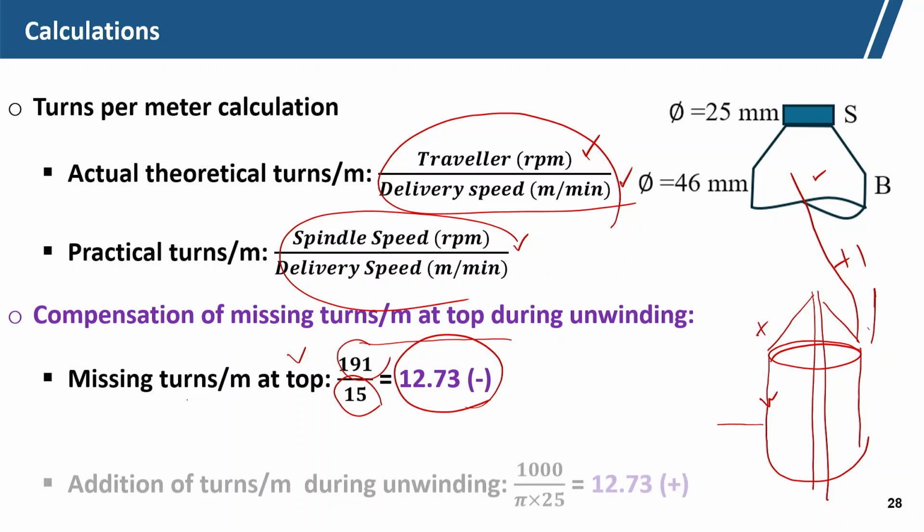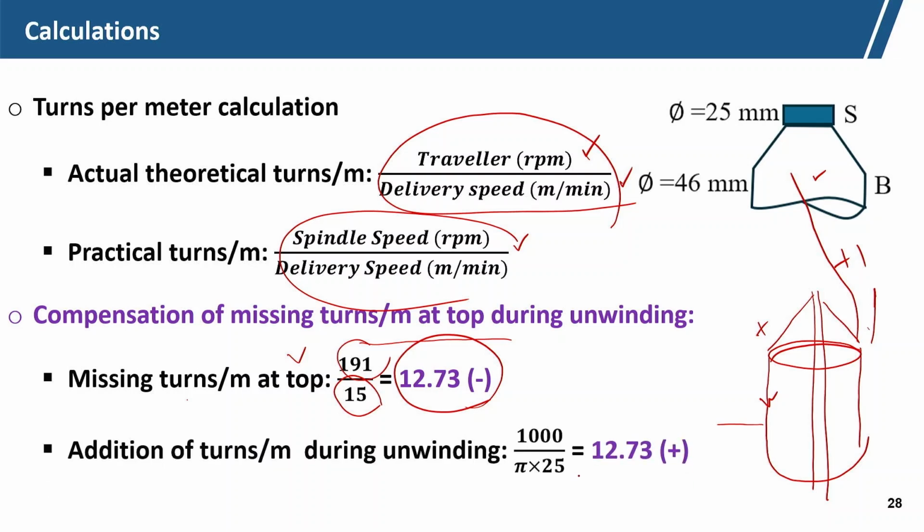At the top, 25 was the diameter, pi 25 was the circumference, and while unwinding that circumference we are adding one twist, which means per meter the twist added will be 12.73.